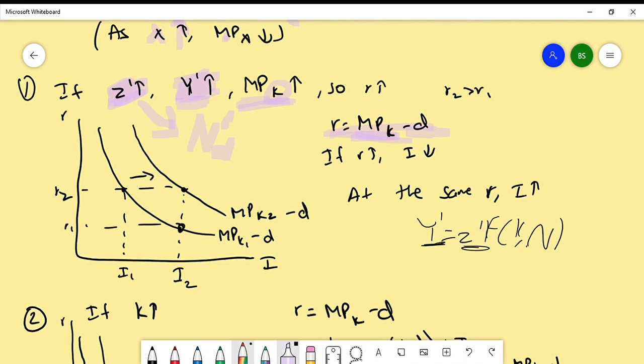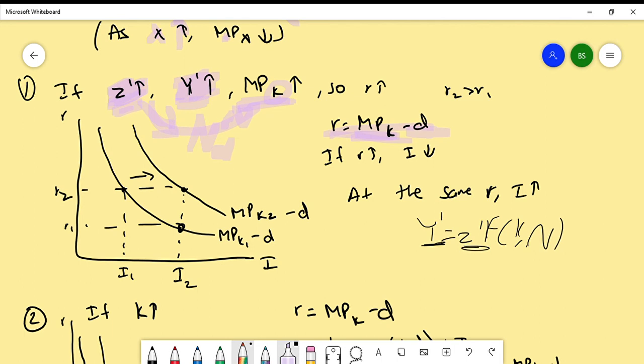If I knew that in the future total factor productivity would rise, that all my machines and all my people will be more productive, why would the marginal product of my current capital increase? I just don't really get the jump from here to here. Let's think.